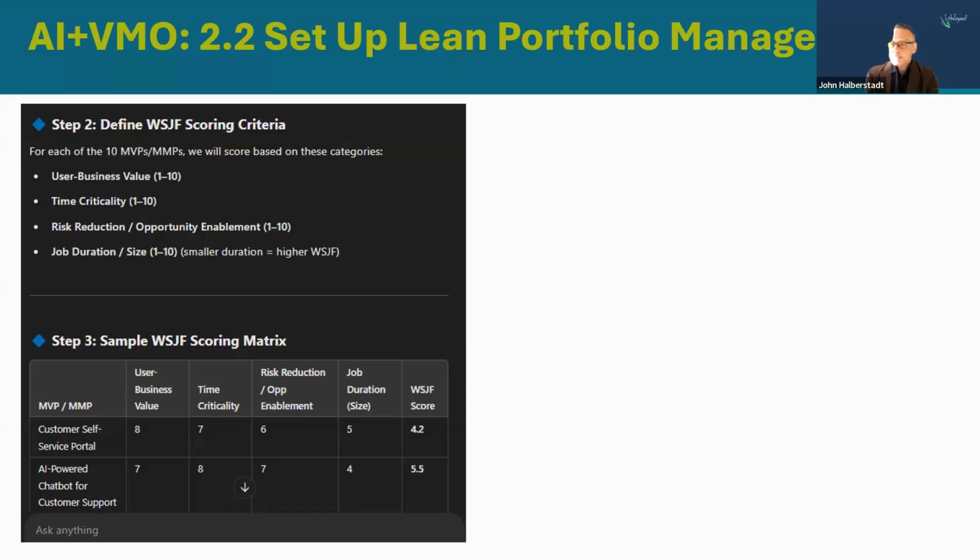And in this particular instance, even though it used a slightly different scoring approach than I would, you can see that it took a stab at, based on the context I provided, the features that were now broken into MVPs or MMPs, and it tried to attach the different WSJF factors to calculate what that would be.